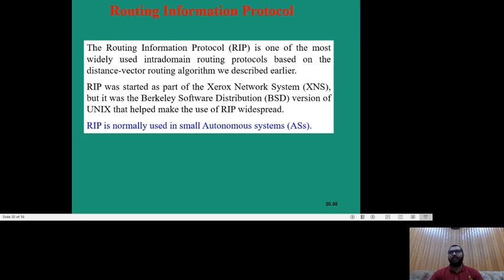But later the researchers asked why we should waste energy, and they came up with the idea of routing, following a particular route from source to destination. So the first routing protocol in this regard was developed in the form of RIP, or routing information protocol.